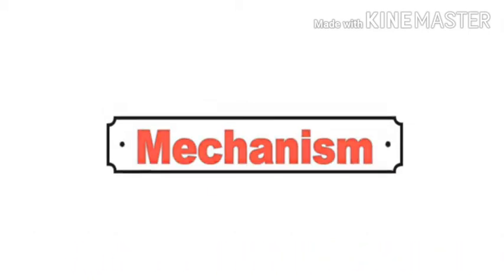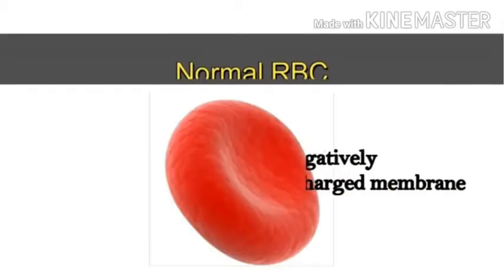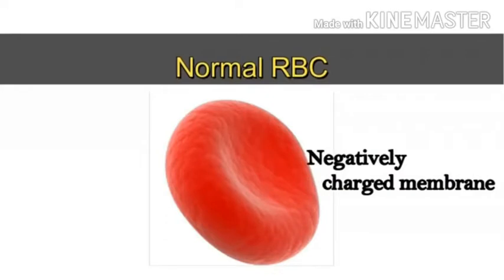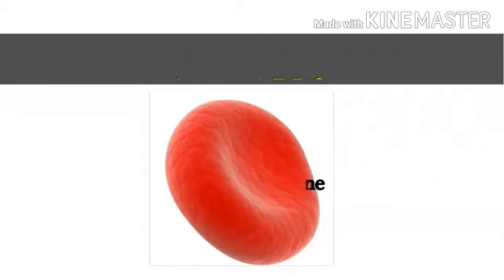Next thing is the mechanism. The ESR test is a non-specific test which measures the ability of sedimentation of erythrocytes in its own plasma. Normal RBCs settle down slowly as they do not form rouleaux formation. Instead, they generally repel each other due to the negative charge.